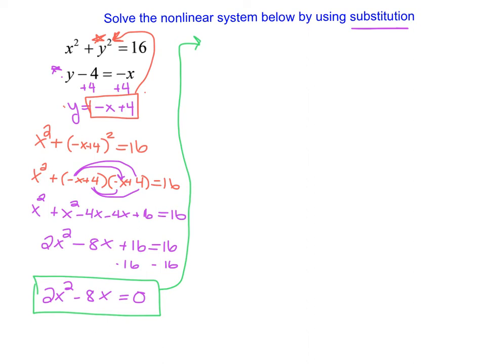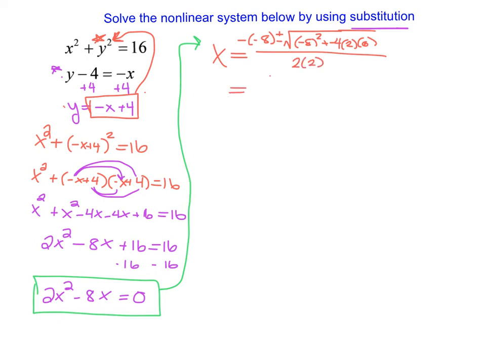So here we start off with x equals negative b, which is minus negative 8, plus or minus the square root of negative 8 squared plus a negative 4 times a, which is 2, times c, which is 0, and then that's all divided by 2 times 2.